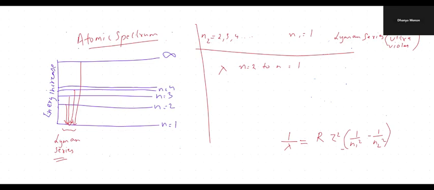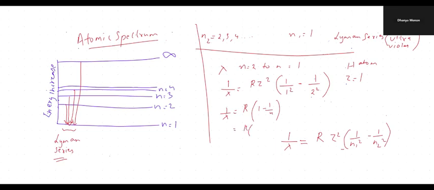So 1 by lambda is equal to R Z square by, what is n1? 1 square minus 1 by 2 square. And Z is equal to 1 because, suppose it is for hydrogen atom. Okay, so I have R, 1 minus 1 by 4, which is equal to R 3 by 4. This is 1 by lambda.